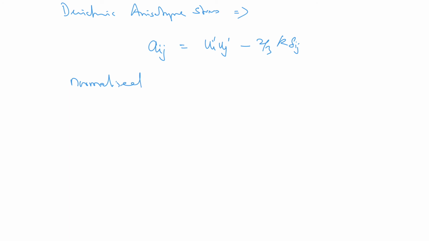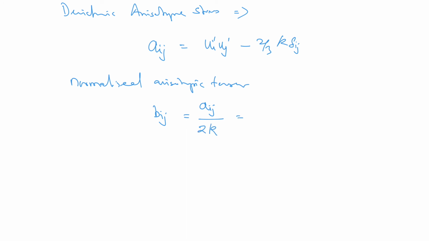How can you normalize this? You can see that in terms of kinetic energy. So we will define a new tensor, the normalized anisotropic tensor, b_ij, which is equal to a_ij divided by the property which you are going to use for non-dimensionalization, which is 2 times the turbulent kinetic energy, 2k.